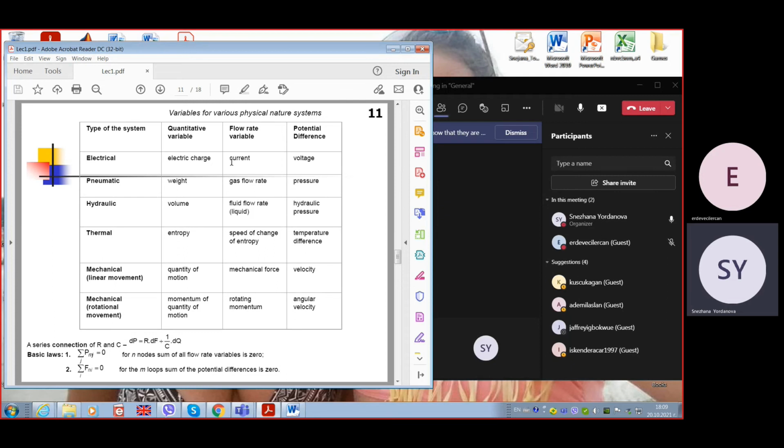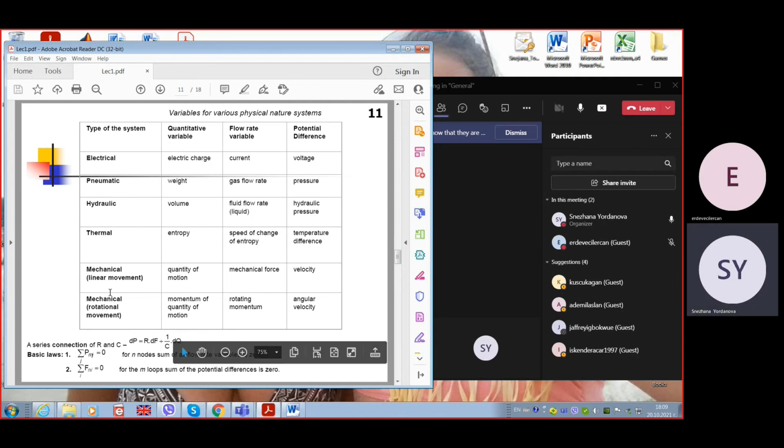For flow, it is current in the electrical system, but it is flow rate for the rest, or speed of change of entropy in a thermal system, mechanical force, rotational momentum in a mechanical rotational system.